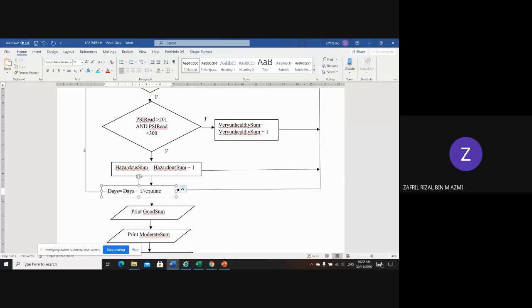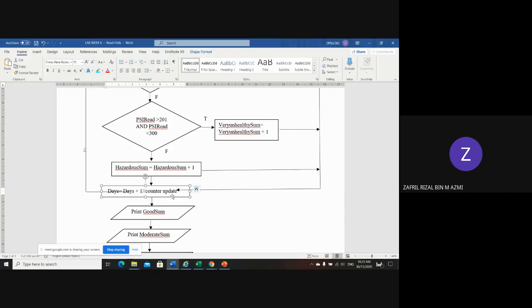It doesn't matter what name you use. For example, last week I used the variable counter itself, right? It doesn't matter what name you want to use, as long as it reflects the problem itself.